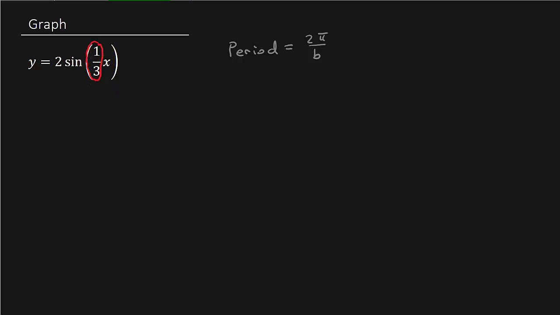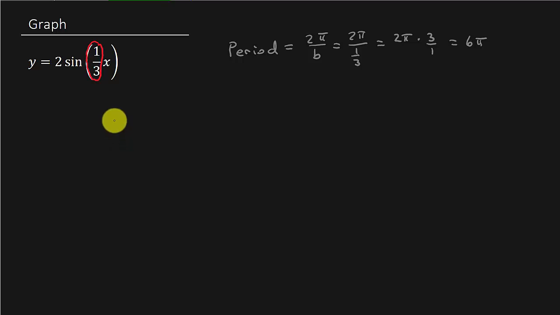Okay, so this is going to give us 2 pi over 1/3. So it's 2 pi divided by 1/3, which is 2 pi times the reciprocal of 1/3, which is going to be 6 pi.